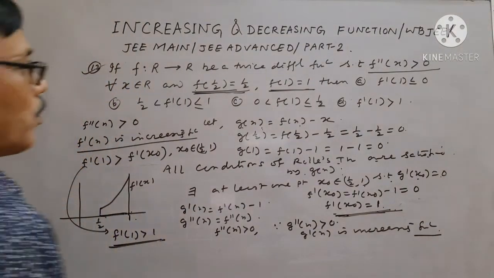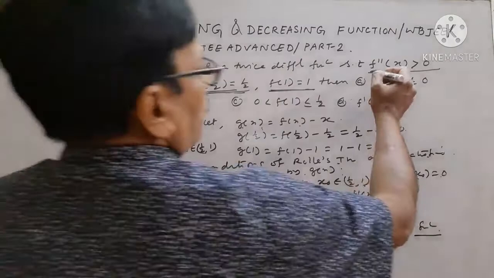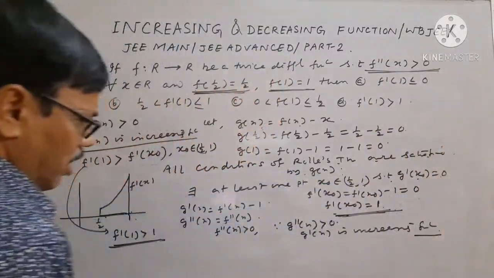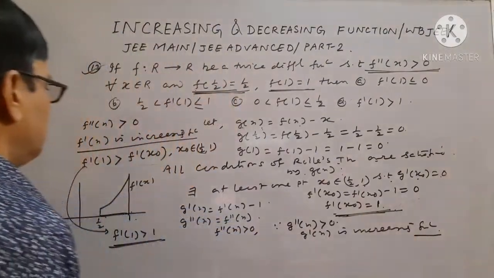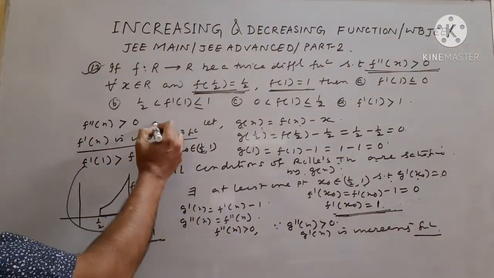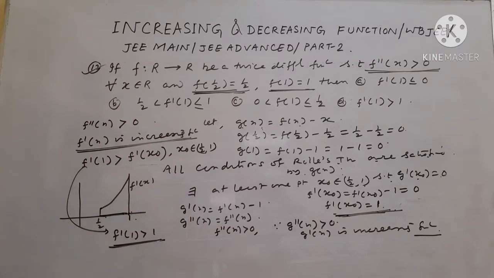Now it is given that f double dash x is greater than 0. So f dash x is an increasing function, and we get a figure like this.